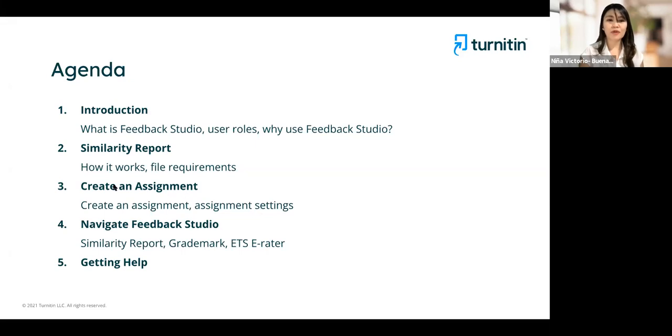And then you will notice that I do have this agenda in creating assignments. For today, I was asked to discuss two kinds of access or workflow. I will be talking about the direct website access. Maybe some of you are familiar with www.turnitin.com. And some of you are using Feedback Studio in Canvas access. You don't have to worry about that because those two access will be discussed as we go along.